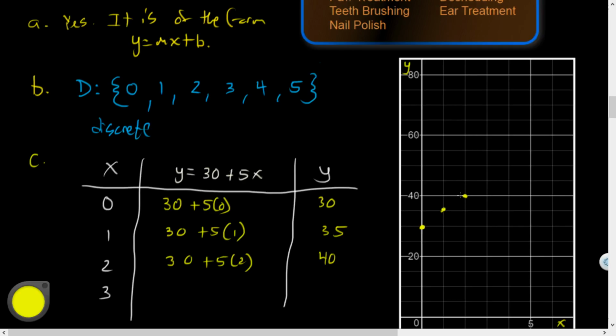So it looks like I could predict what it'll be at 3 by going up 5 over 1. This point appears to be at 3, 45, and I expect that that is what it would be. For every 1 that I go over, I'm going up 5, up 5, up 5. For 4 services, it'll be $50, and for 5 services, it will be $55.